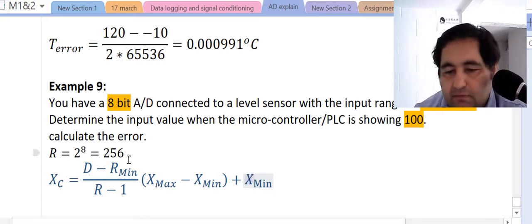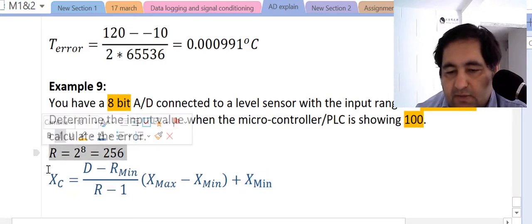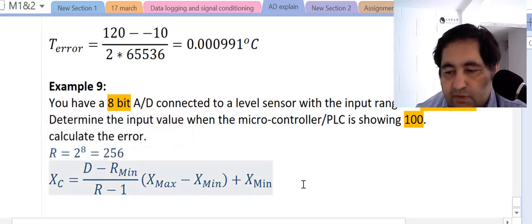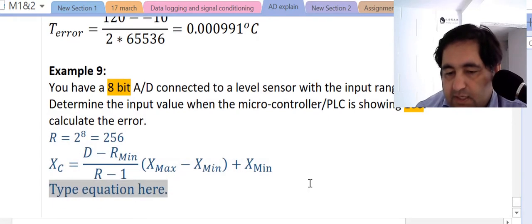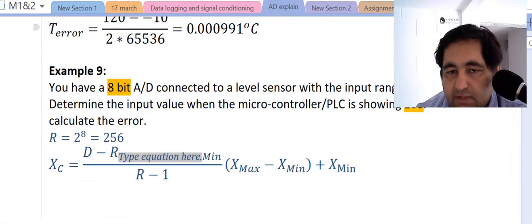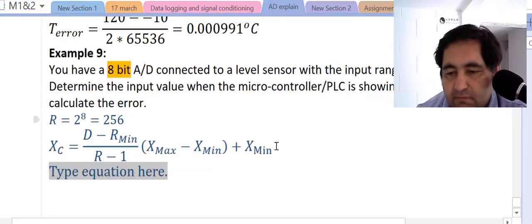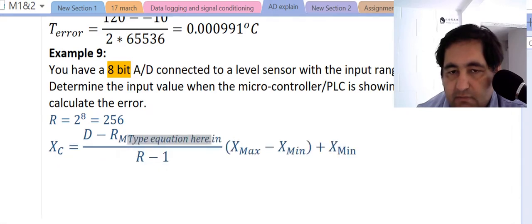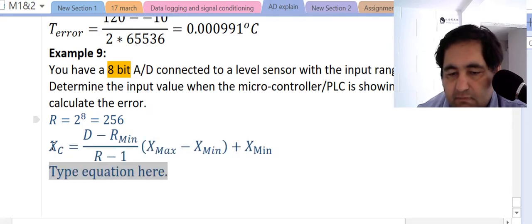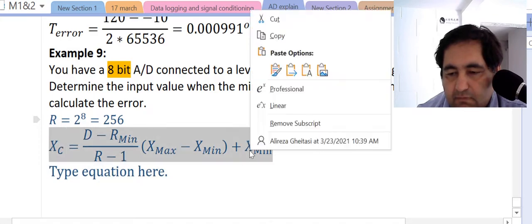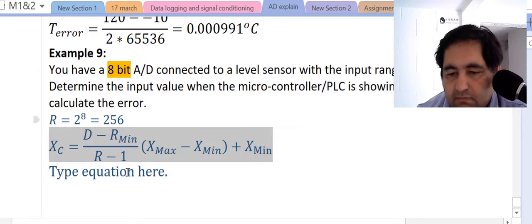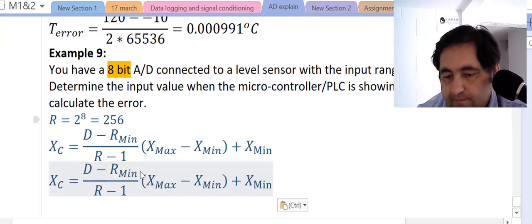Now this is also the answer, so let's turn it to blue. Now it's just a matter of putting numbers in the formula and seeing what's happening. So I copy and paste this again. D minus R min, and R min here again is 0.